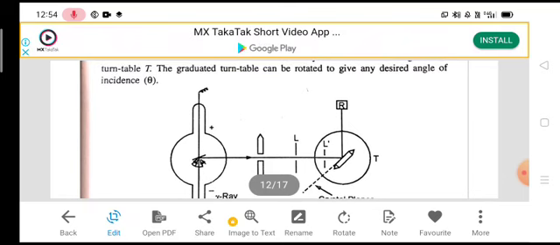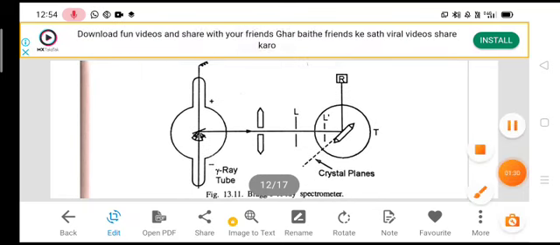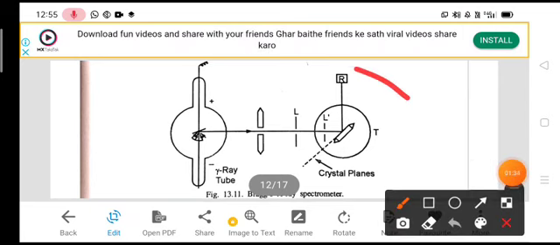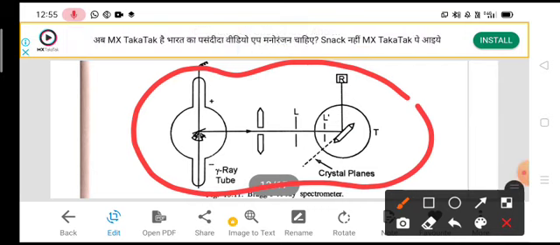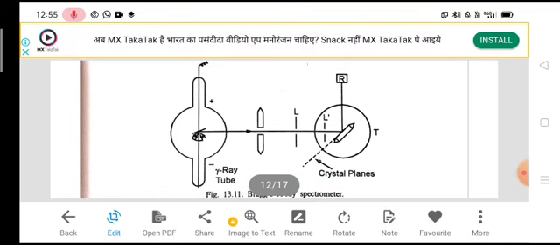So this is the diagram which explains the total Bragg's X-ray spectrometer.